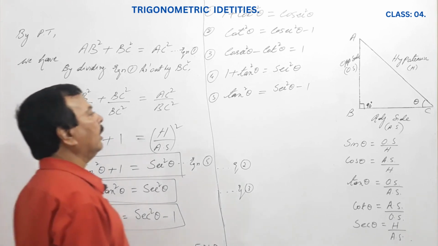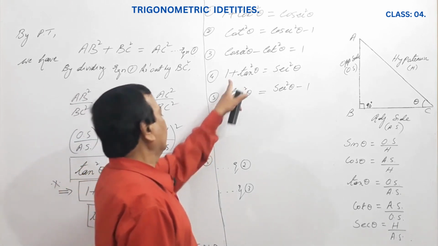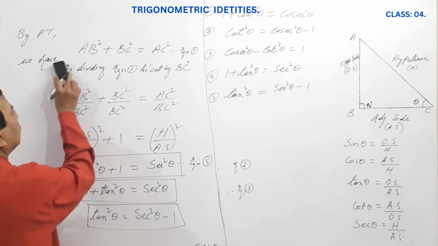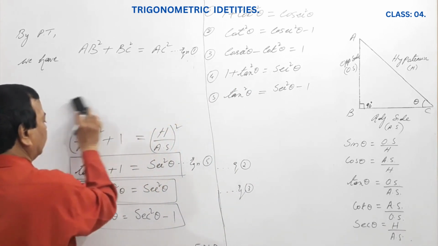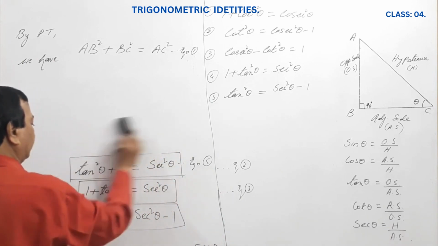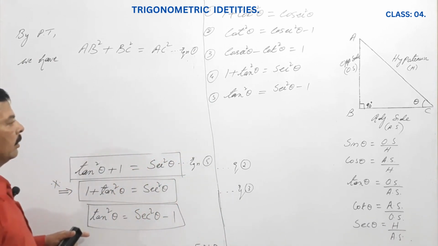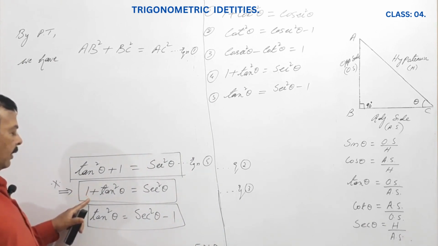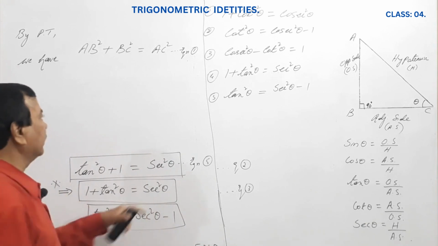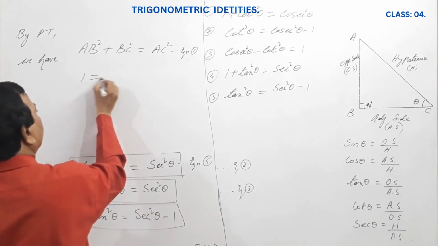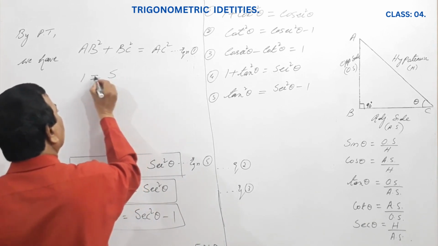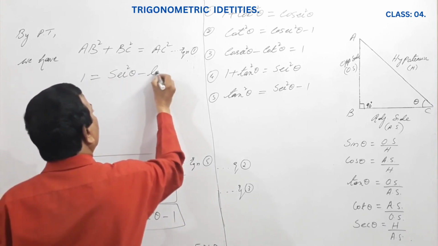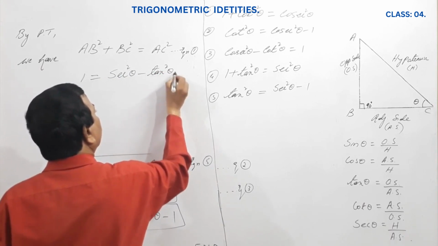And what I'll do is, I'll keep this 1 on the left hand side and transfer this to the right hand side. So 1 equals to secant square theta minus tan square theta.